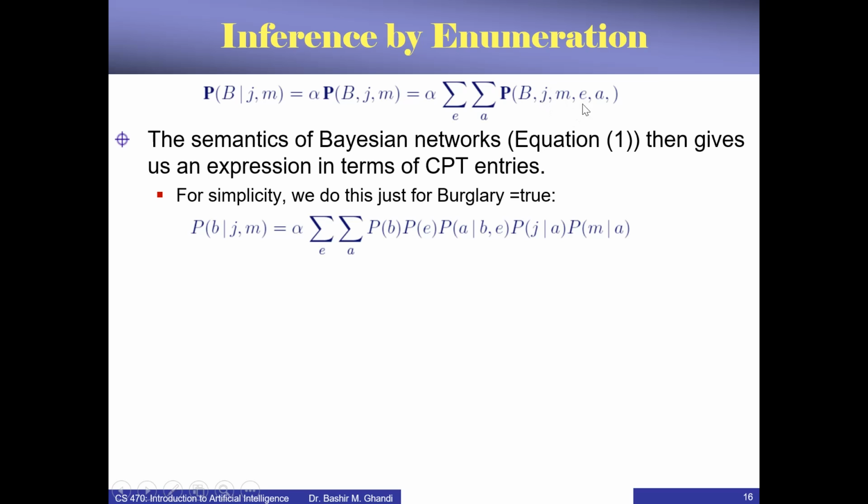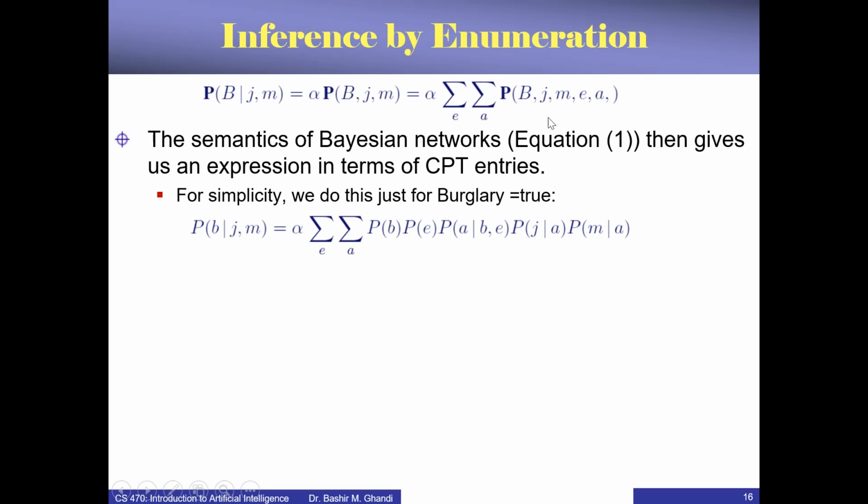Probability of E also has no parent, so just P of E. But probability of A will be a conditional probability given its parents B and E. Okay, probability of the alarm given B, meaning burglary occurred, and E, meaning earthquake occurred.